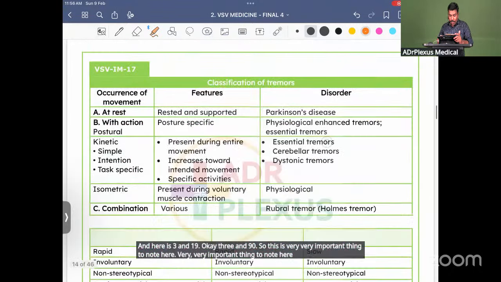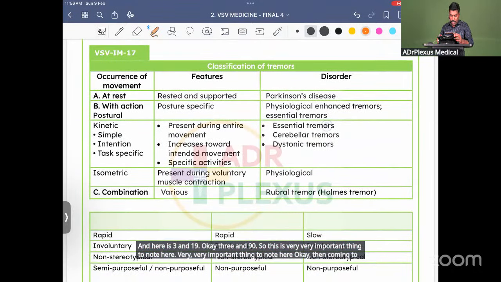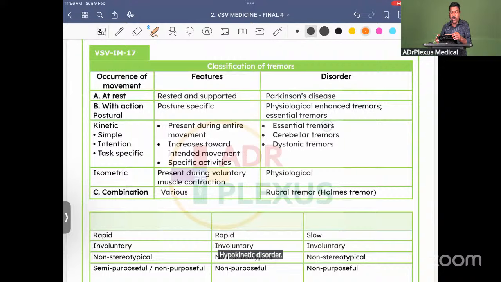Then coming to the next topic, which is going to be involuntary movements. What we saw in Parkinson's disease is a hypokinetic disorder, whereas what we are going to see here is hyperkinetic disorder.